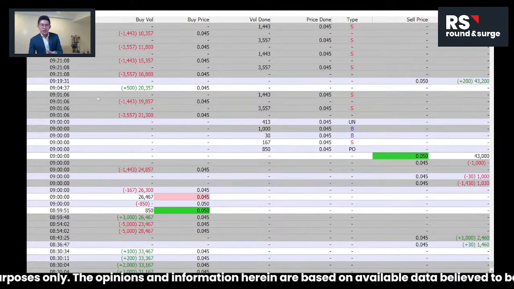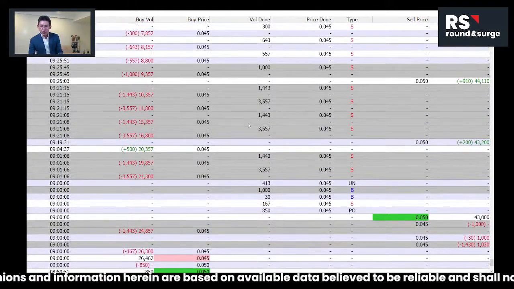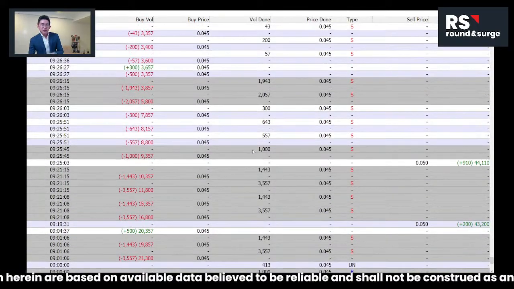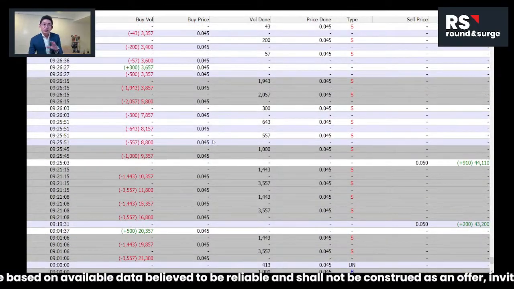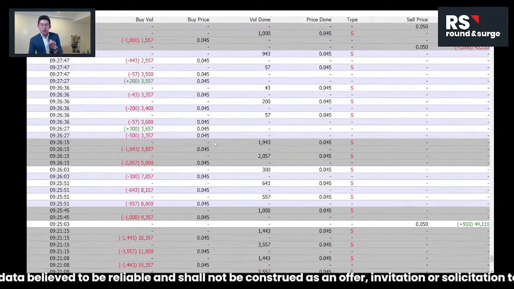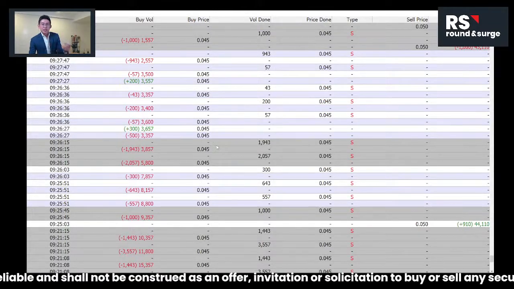The transaction pattern and the time interval between transactions are important. All these tell us the intention of the big boys. If you know how to look into this, you can understand their intention. If they are attracting buyers, then we don't enter, so we can save ourselves from it.